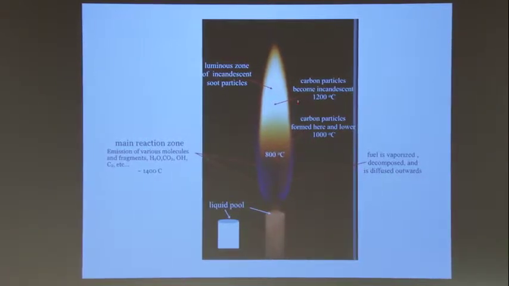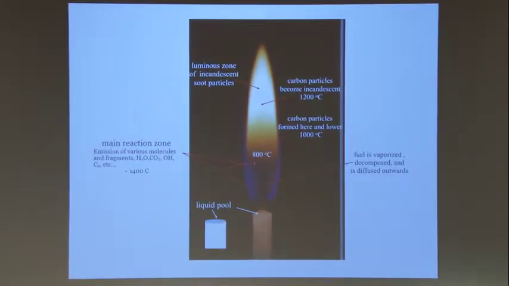You see the difference in temperature in the different regions. The luminosity comes from incandescent soot particles and other things that develop during the burning. But even the basic is quite complex, because once you bring in some source of energy or heat to light the candle, what is formed is a little pool of liquid wax here.